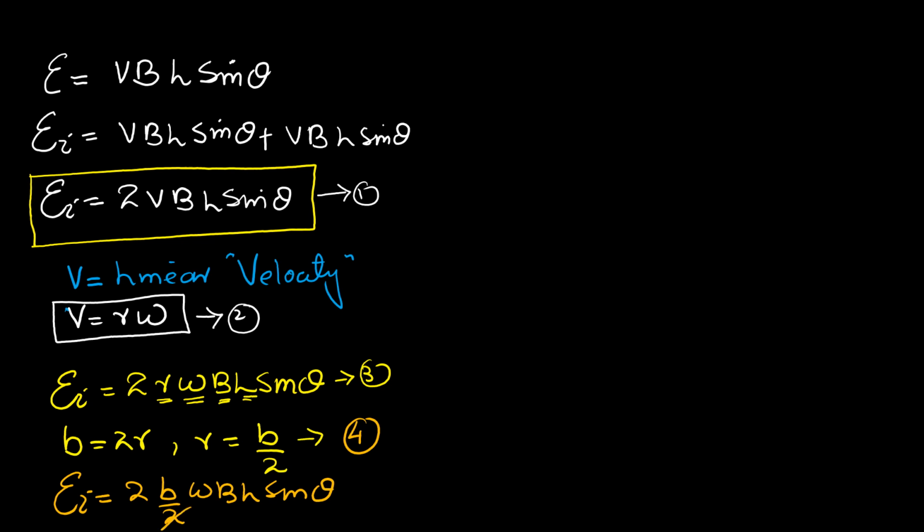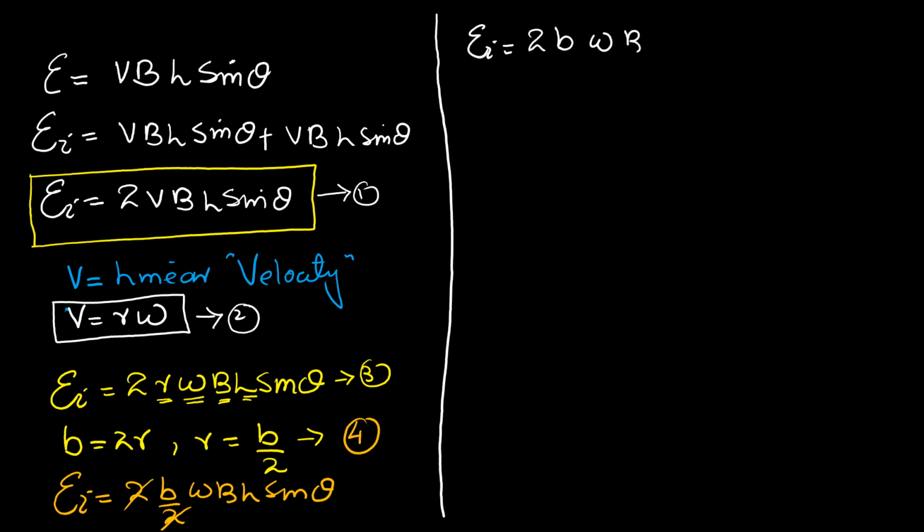So the 2 will cancel the 2, and the remaining equation will be net induced EMF equal to breadth of the armature into omega into BL sine of theta. Suppose we call this equation number 5.